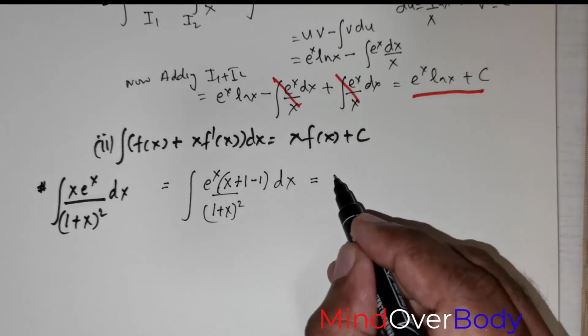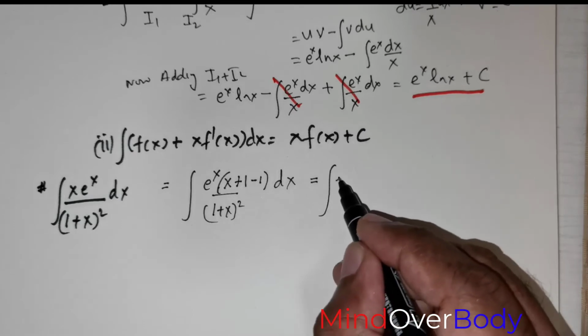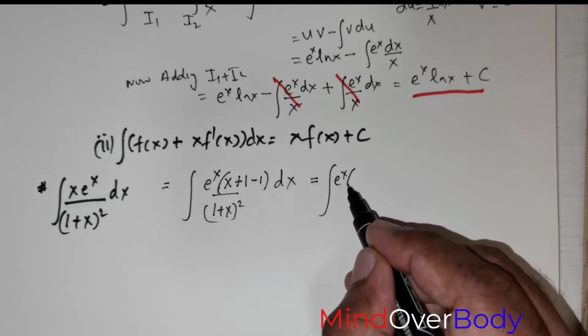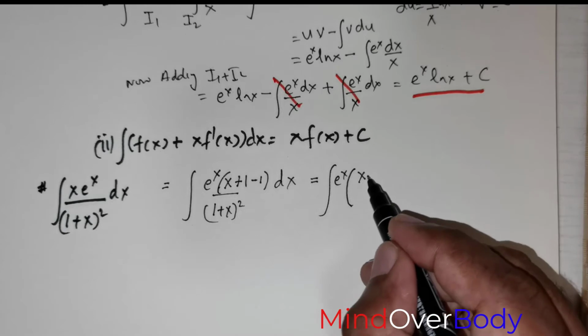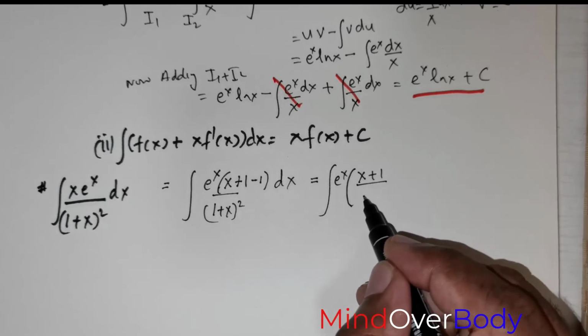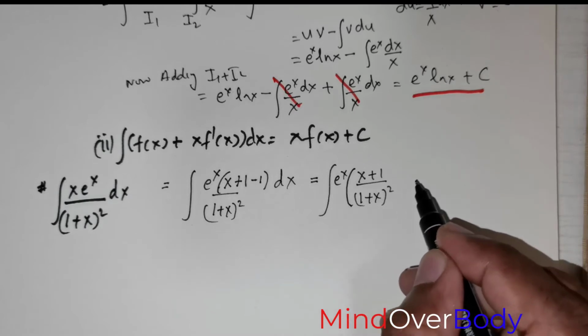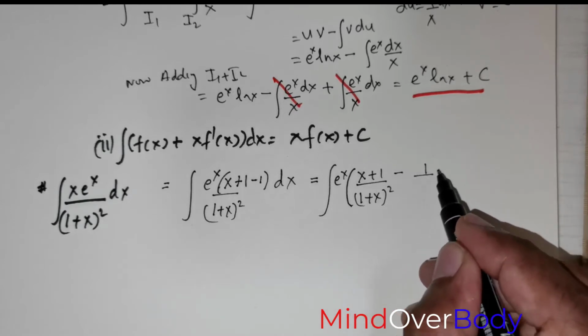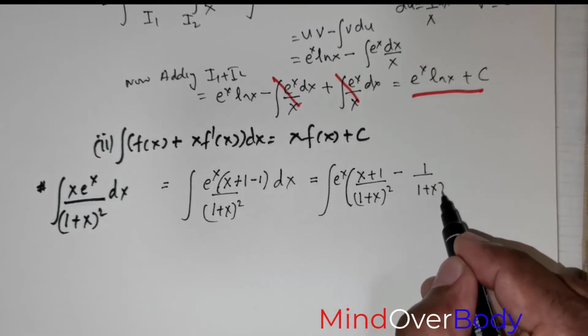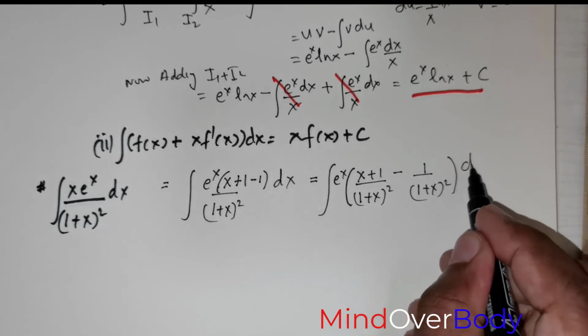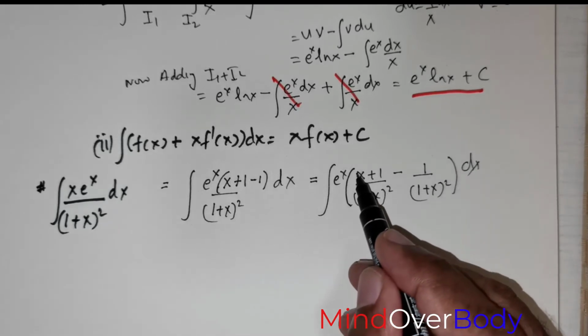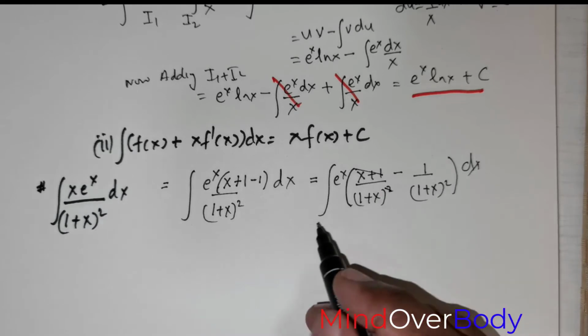So this is going to be the integral of e raised to the power of x, opening the parenthesis, x plus 1 over 1 plus x raised to the power of 2, followed by a negative 1 and 1 over 1 plus x raised to the power of 2. So you have a dx there. Now clearly x plus 1 can be cancelled with the 1 in the denominator.